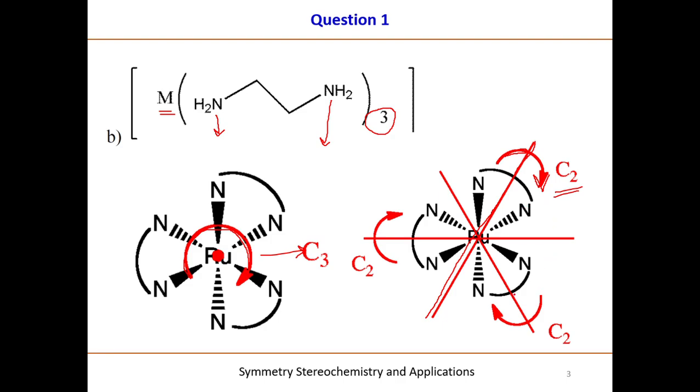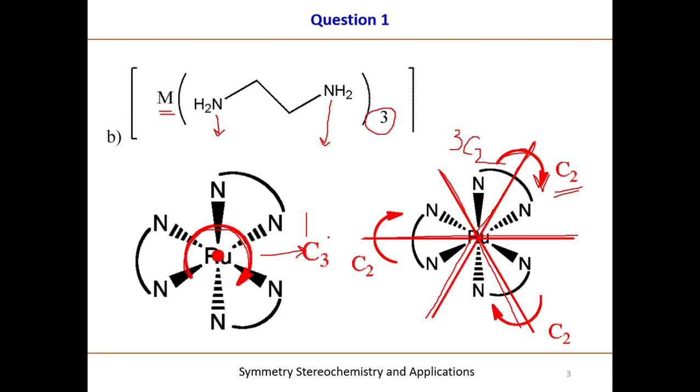Then we pass through this axis, and again you will get a C2 axis here, and this one is also the same. So here we have 3 C2 axes and one C3 axis.